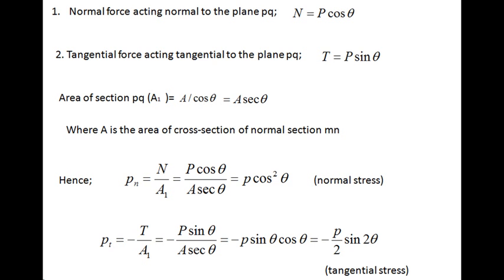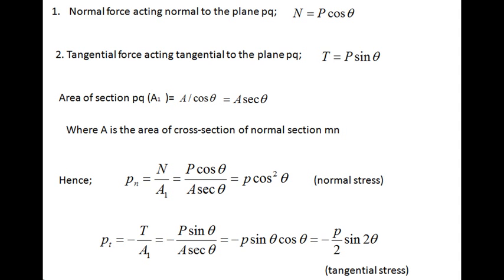If the area of section MN is A, then the area of section PQ, denoted by A1, will be A by cos theta, which is equal to A sec theta. You can find it from the diagram, where A is the area of the normal cross section MN.